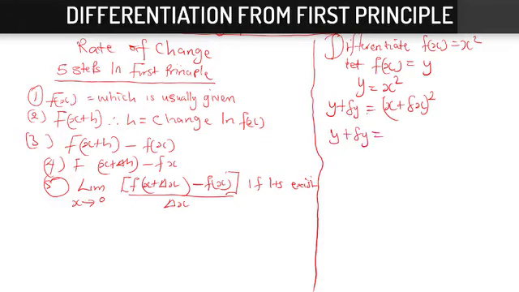Let's do a rough sketch of the expansion somewhere here. You have x plus change in x times x plus change in x. So we now have x times x is x squared. X times this is plus x change in x.